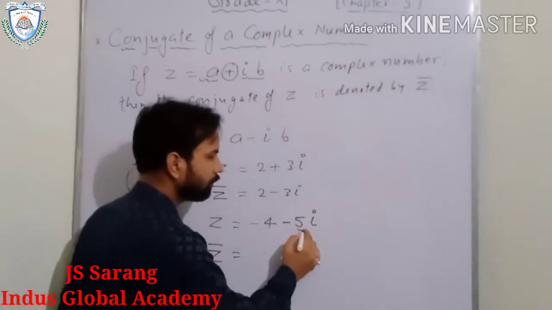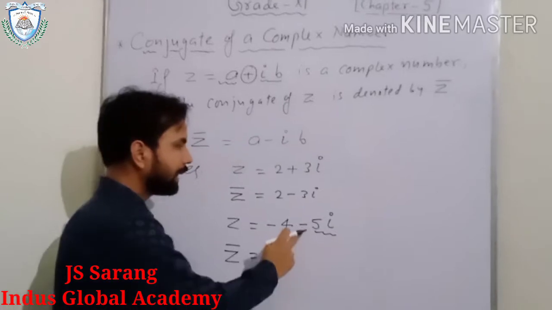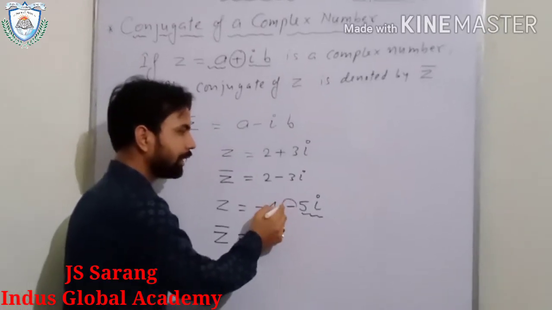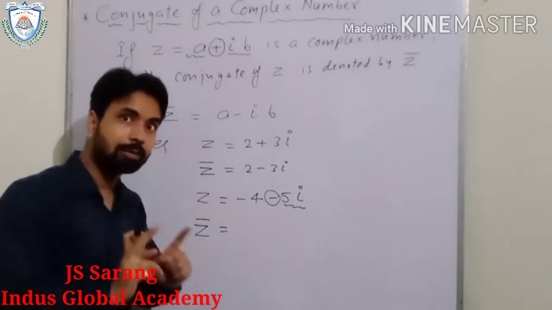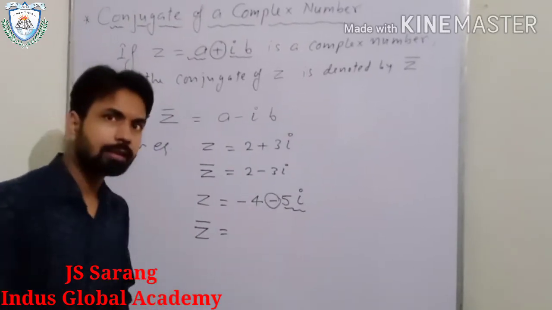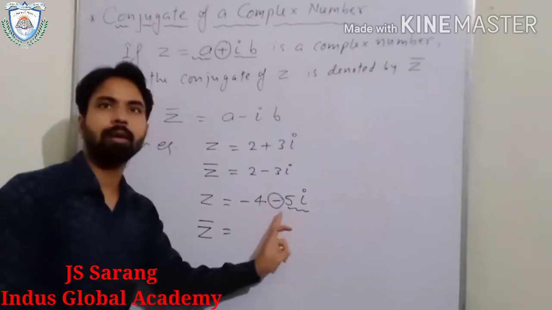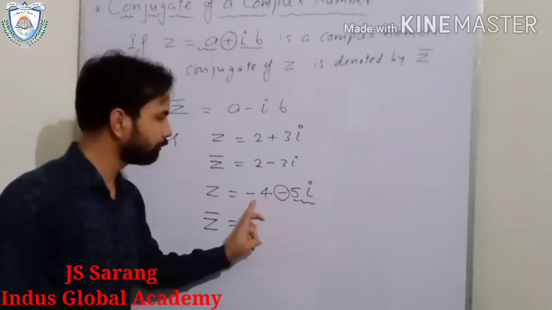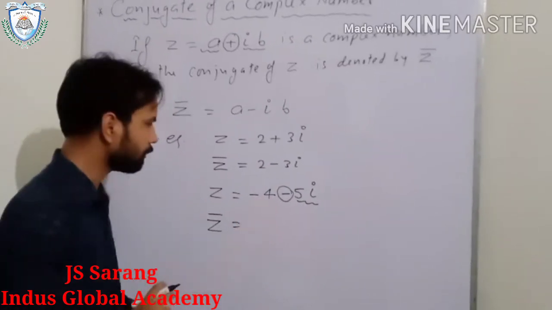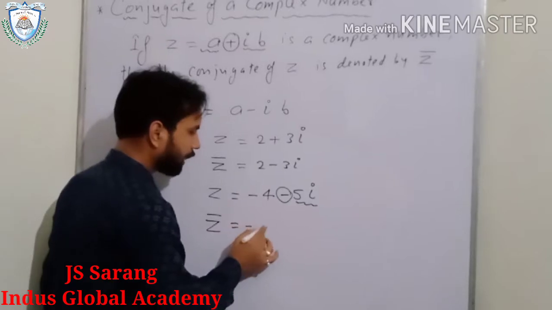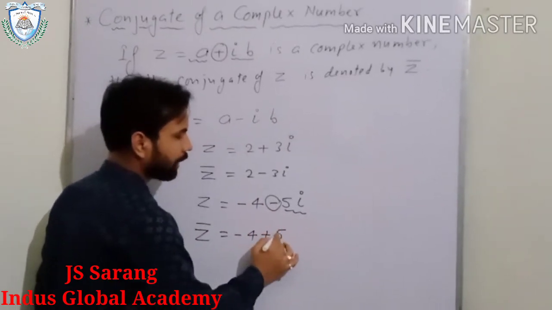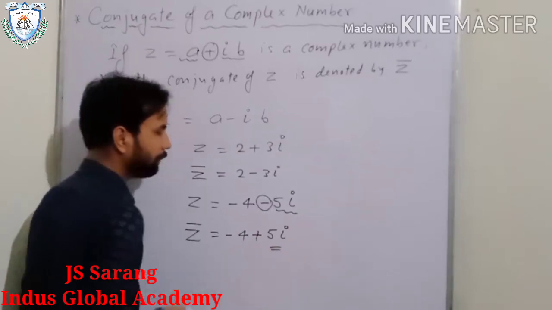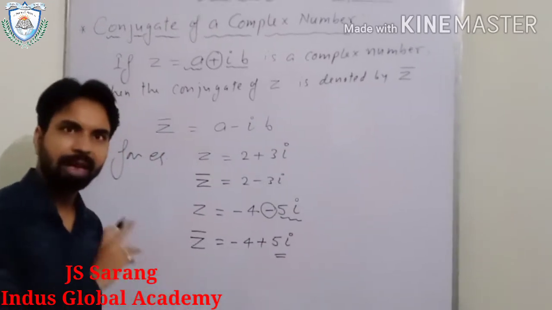The imaginary part is 5i here, so its sign is minus, so we will change this sign, we will not change this sign. Understood? So keep this point in your mind, we will have to change the sign of the imaginary part, we will not change the sign of the real part. Understood? So its conjugate will be minus 4, this minus will be changed to plus 5i. So this will be the conjugate of this complex number.